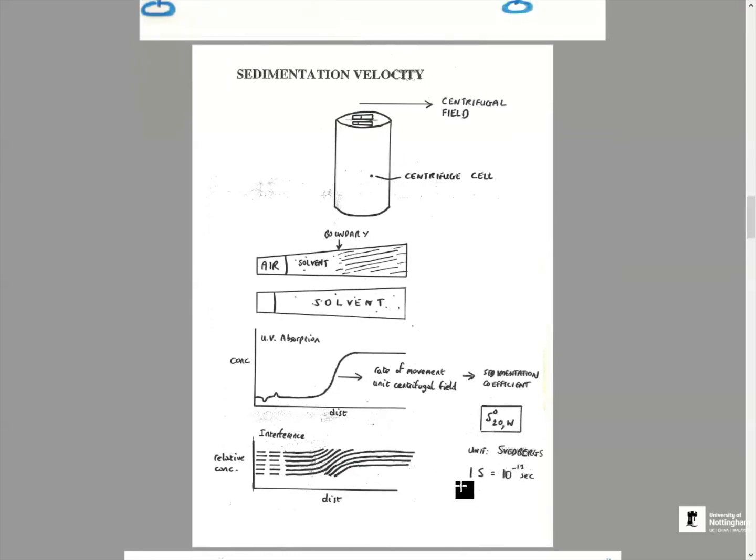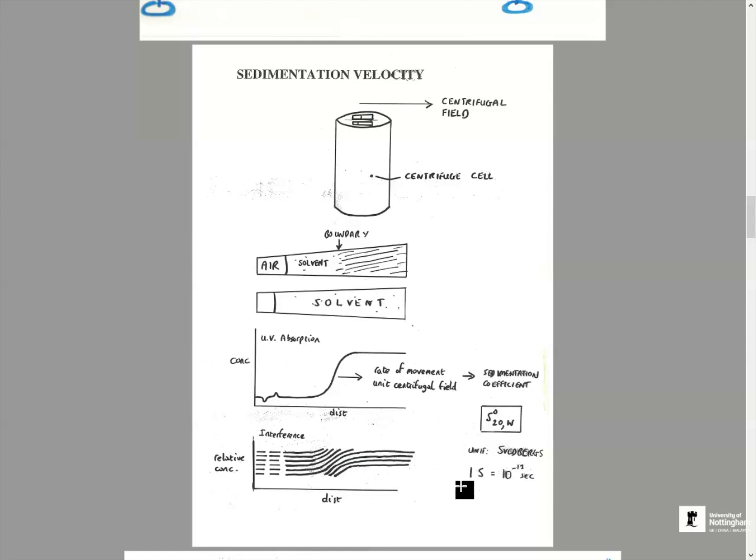We can also use refractive index, or interference optics, it's called. We don't have to go into the details of this, but instead of getting this boundary, which we get with absorption optics, we get these stripy fringes.